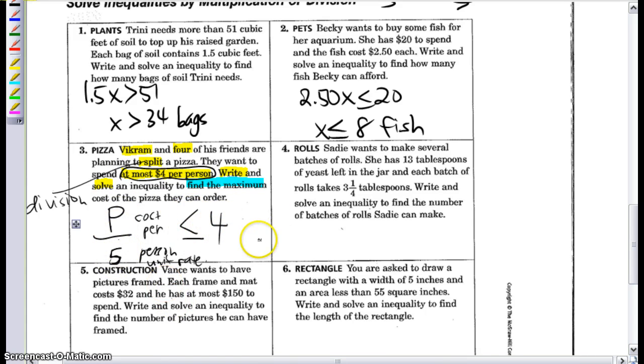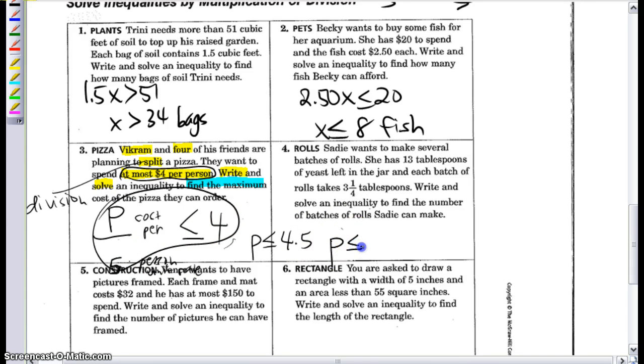I could set it up where the price is less than or equal to 4 times 5, which is really the work that I'd be showing by solving this inequality, where 5 would move to the 4 and multiply with it. So that's how I also get that P is less than or equal to 20, which means the price of the pizza can only cost $20 or less, so that 5 of the people will only be spending $4 maximum for their pizza.